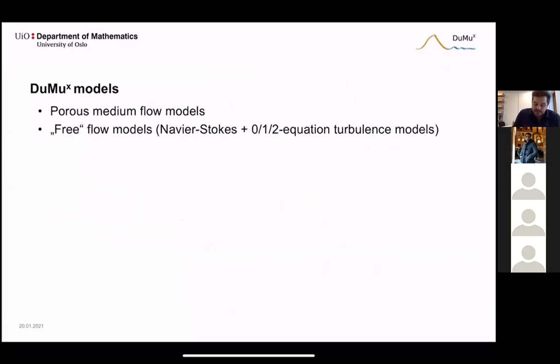And in addition to these porous medium models, there's now also a variety of other models which can then be coupled to these porous medium models, which allows for different interesting applications. So we now have also free flow models solving Navier-Stokes equations and some turbulence models. There's a shallow water model.